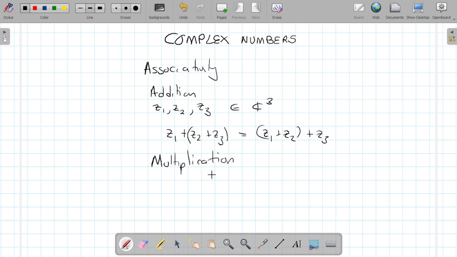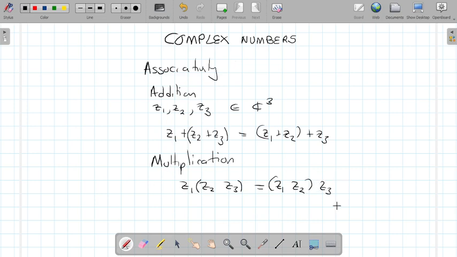If you are given three complex numbers, z1, z2 and z3, the order in which you multiply them is also not important. You still get the same answer. So z2 multiplied by z3, then multiplied by z1, gives the same result as z1 multiplied by z2, then multiplied by z3.